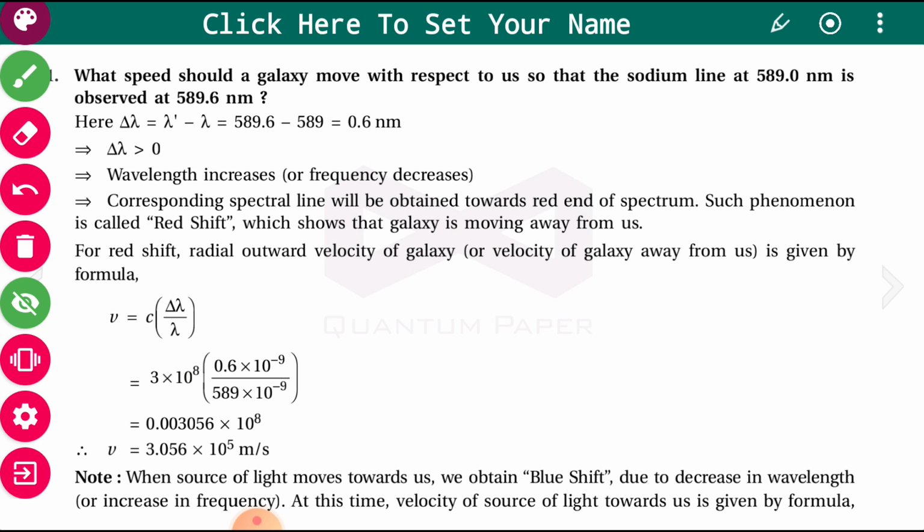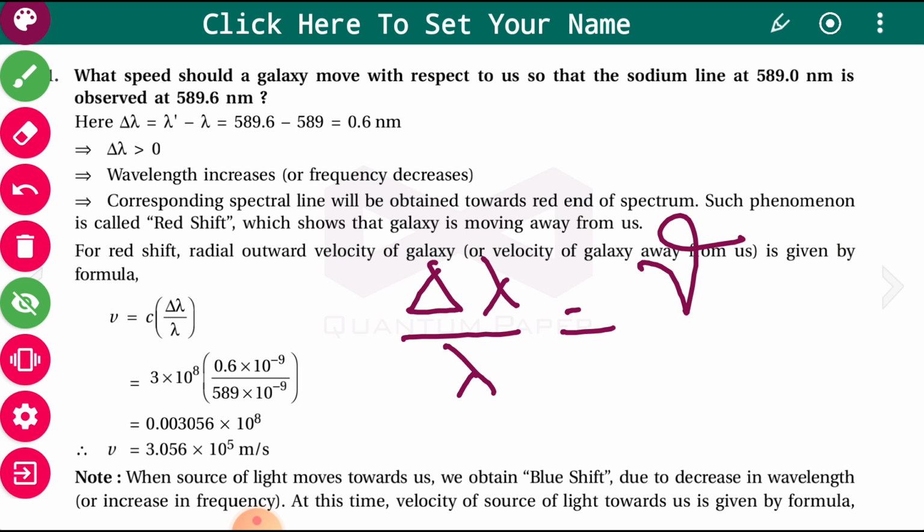So the equation can be written as delta lambda upon lambda is equal to velocity upon the velocity of light, that is c. Here this velocity is the radial velocity. It is nothing but the velocity of the source. Now that velocity of source we make as the subject of formula.